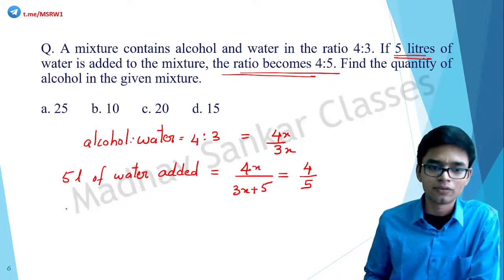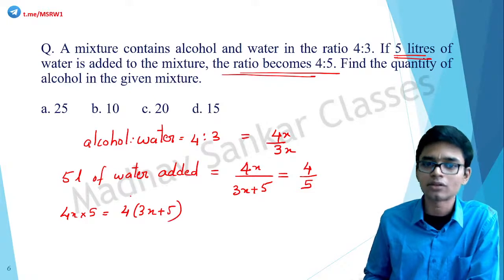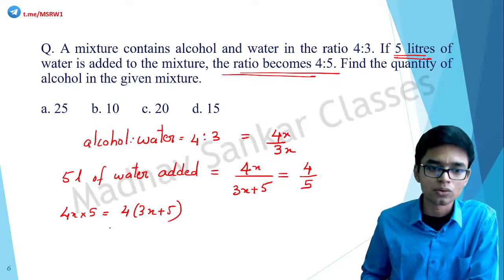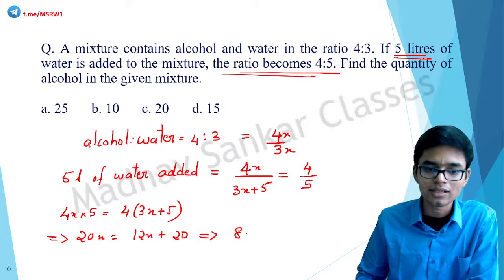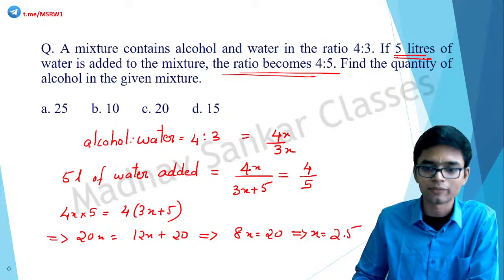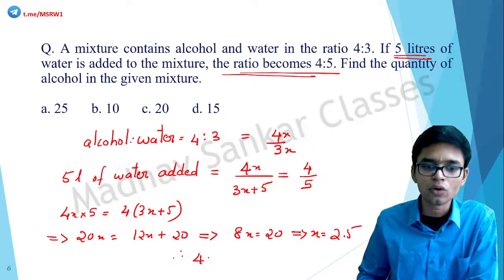So 4x into 5 is equal to 4 into 3x plus 5. Cross multiplication. So this implies 20x is equal to 12x plus 20, and this implies 8x is equal to 20, or x is equal to 2.5. Therefore, 4x is equal to 10.